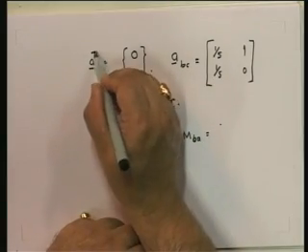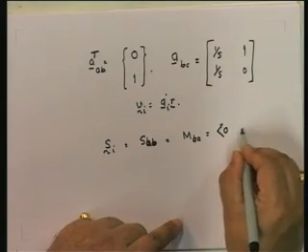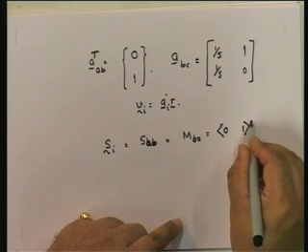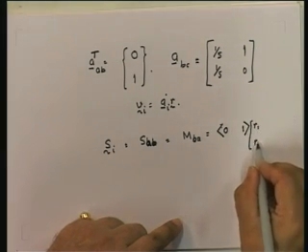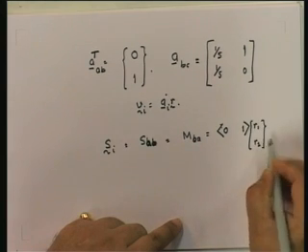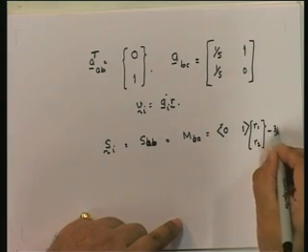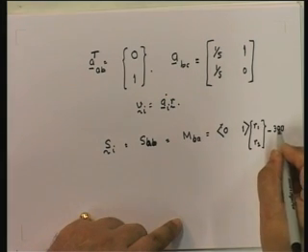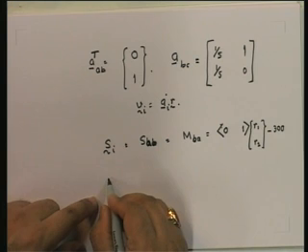This is A transpose, so it is going to be equal to 0, 1, R1, R2, minus 300.